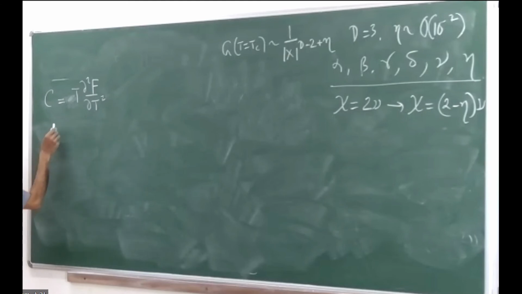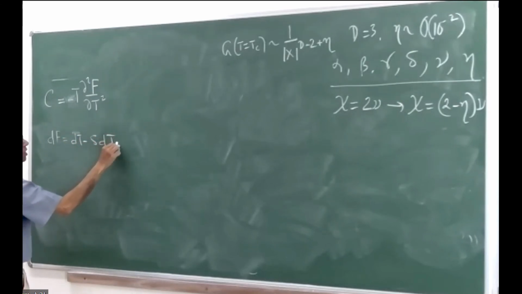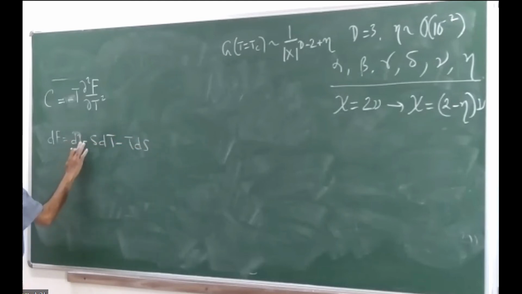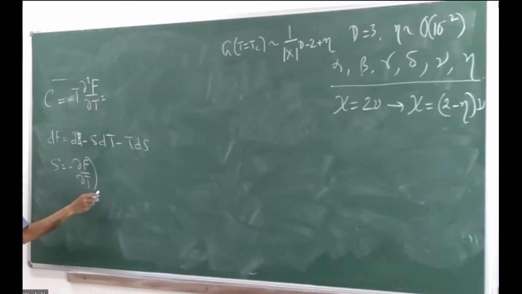There is a negative sign, I think, because dF is equal to dE minus TdS minus SdT, and therefore S is equal to minus del F del T at constant V. So there is a minus.